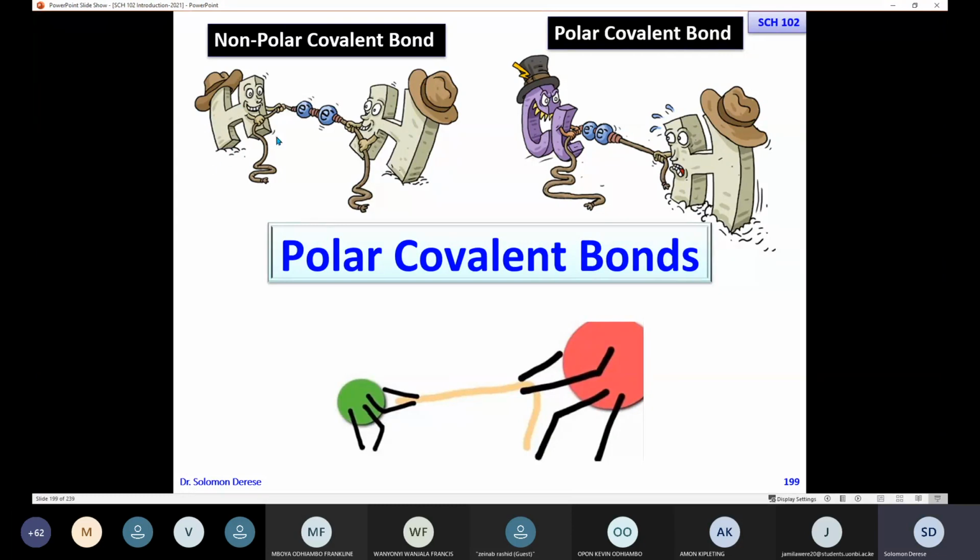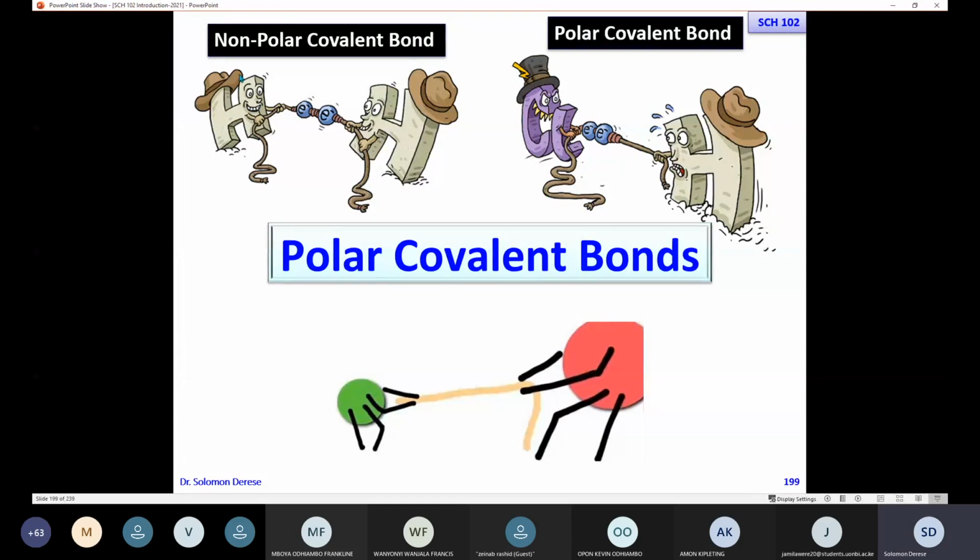And they are holding on and pulling the electrons of the bond, the two electrons of the bond, towards themselves. But since the tug of war is between two people that have the same strength, the same physical fitness, there is not going to be a winner.